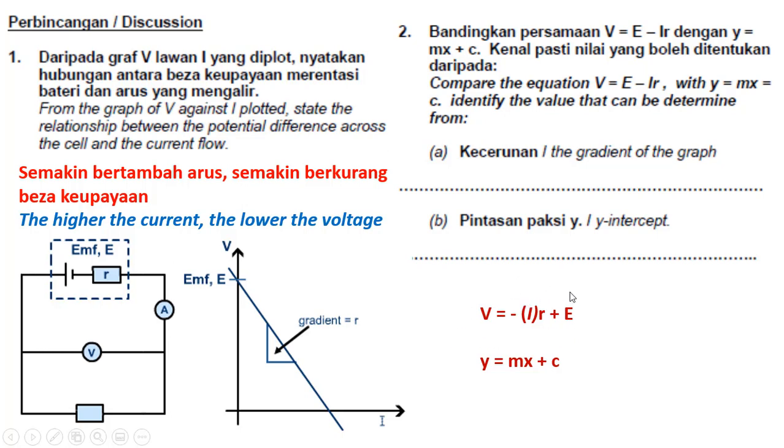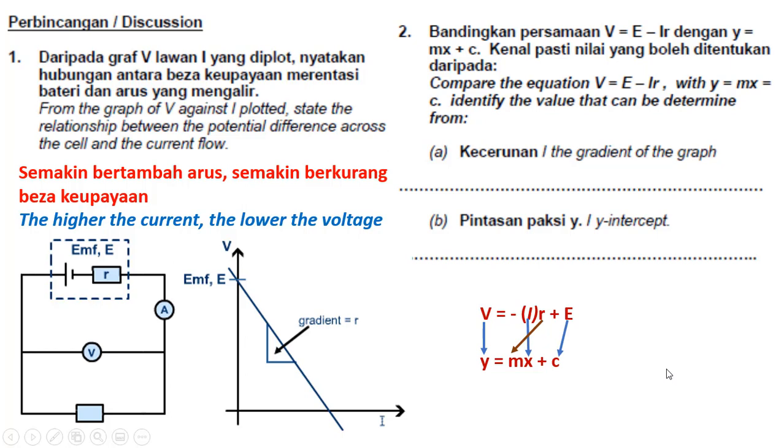We rearrange with V as the subject, so we get V = -Ir + E. Then we compare with the equation y = mx + c. So V refers to the y-axis, I refers to the x-axis, and -r equals the gradient of the graph, so the gradient is negative. And E refers to the y-intercept.